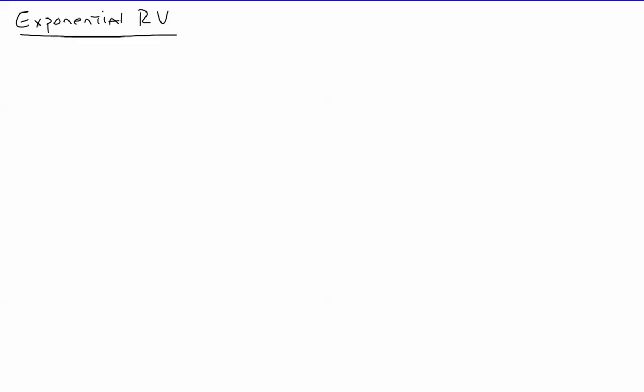The probability density function for an exponential random variable looks like this. All right, and the assumption here is that alpha is greater than 0.